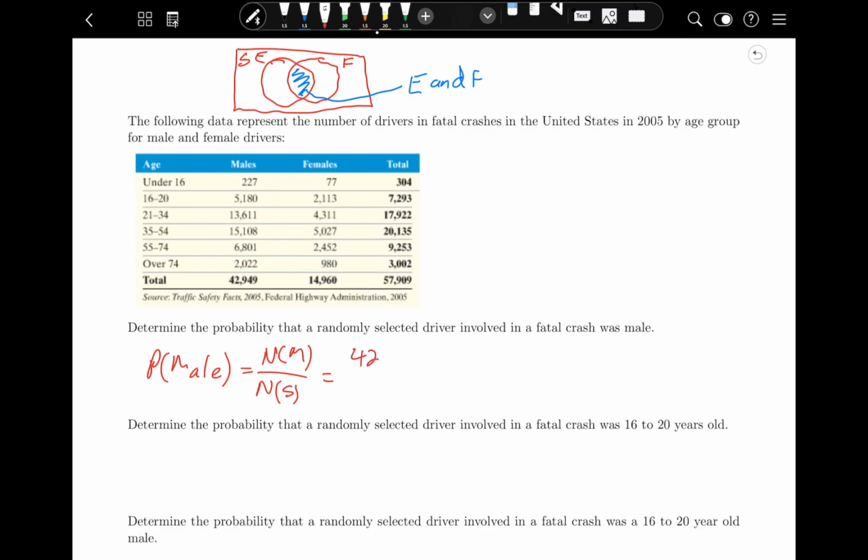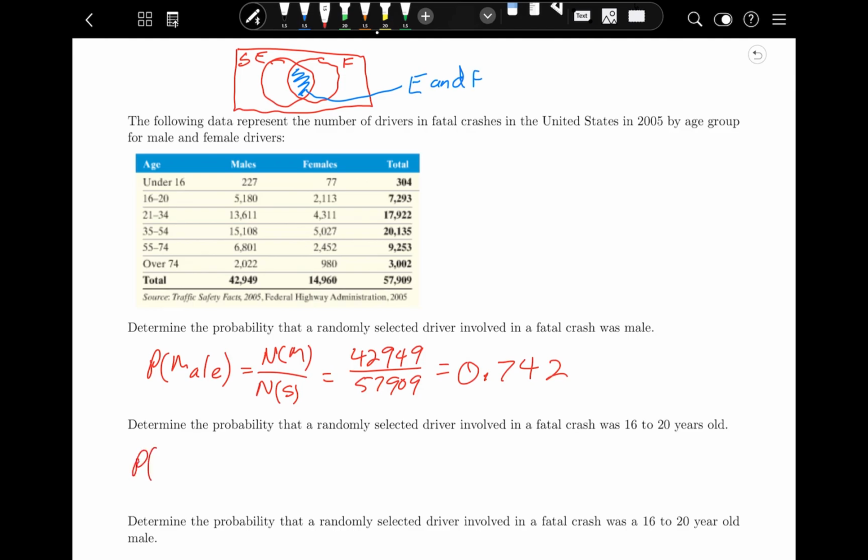So that'd be 42,949 divided by 57,909. So that's 0.742.